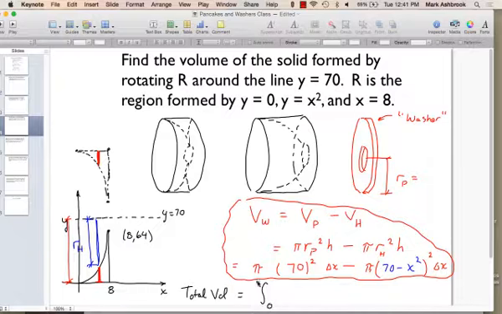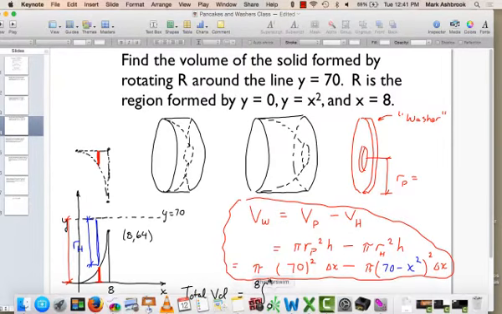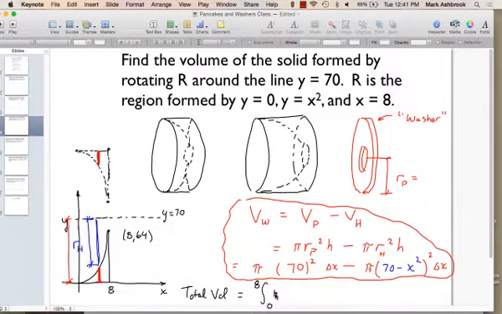So from 0 to 8, pi times radius squared, I'm just going to factor out the delta x, minus pi times inner radius, or the radius of the hole, dx.